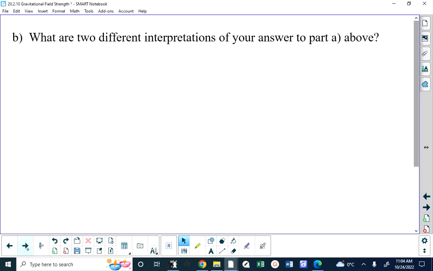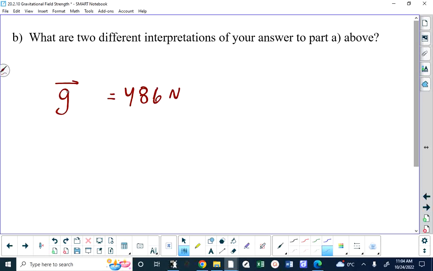Okay? So the next question. What are two different interpretations of your answer? What does it mean for me to say that g, and I'm going to include a vector here, is 486 newtons per kilogram toward the planet. Let's include a direction. Well, what it means is a 1 kilogram mass would weigh 486 newtons.